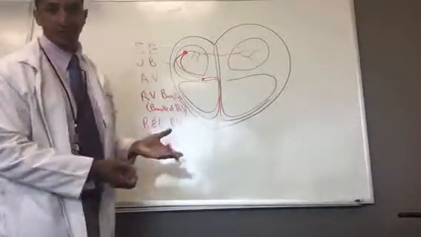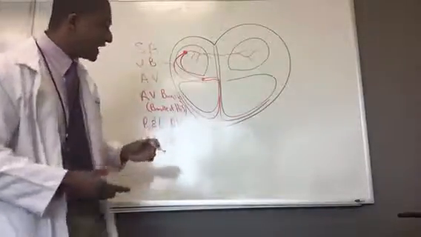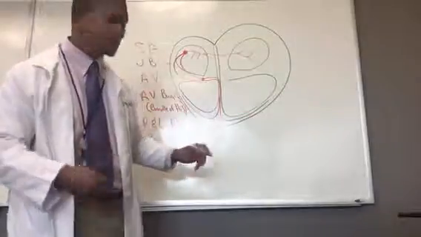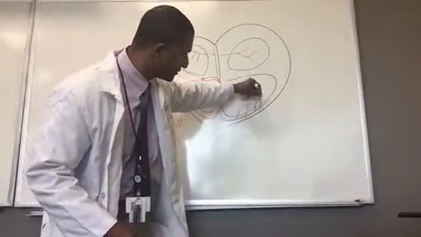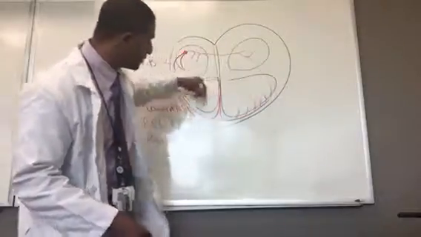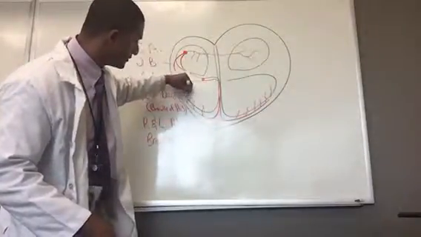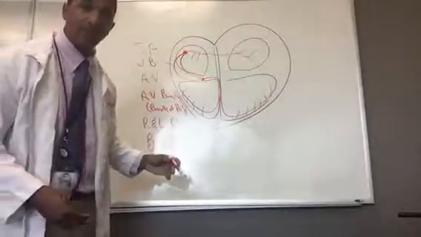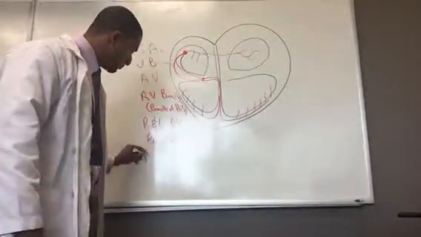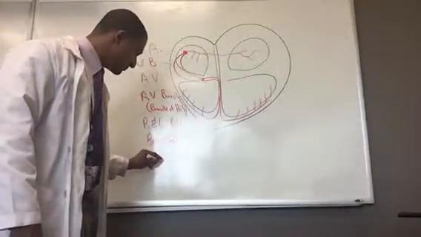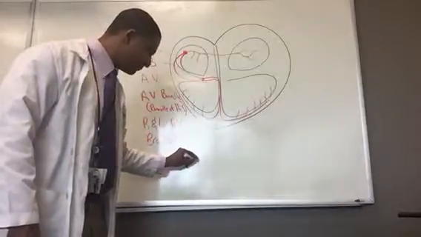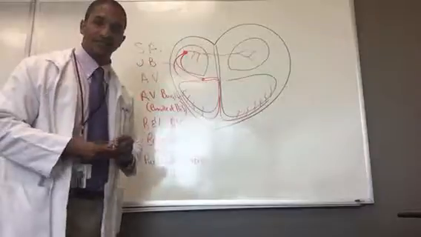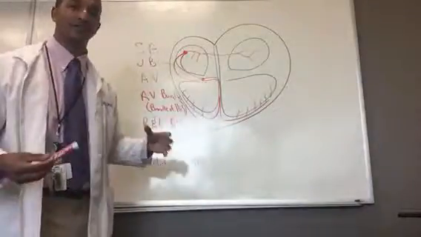One branches right, one branches left. And the last step of this contraction is that these branches have tiny little branches, or even smaller branches, that we call fibers. These little tiny electrical fibers we call Purkinje fibers. Purkinje fibers, and this is essentially where the electrical conductivity ends.